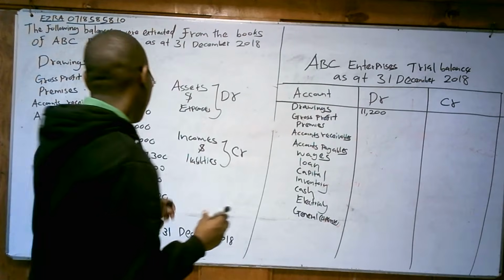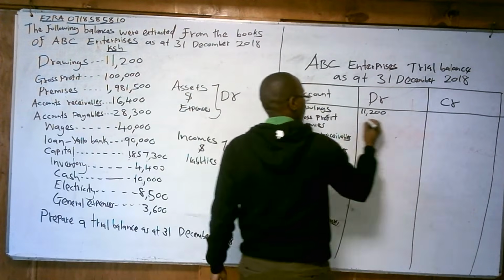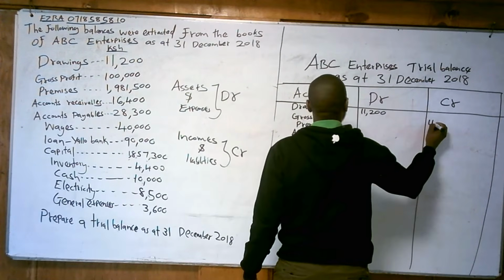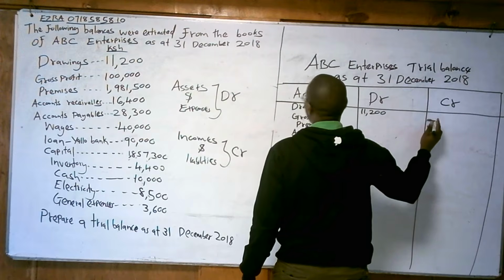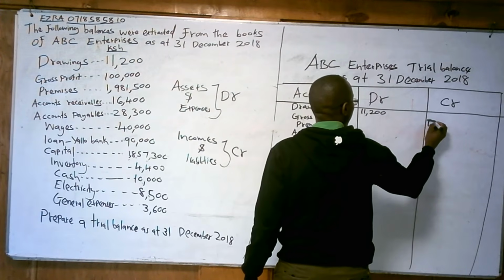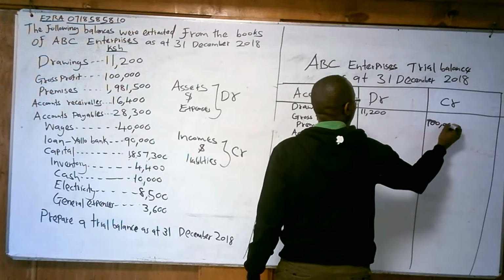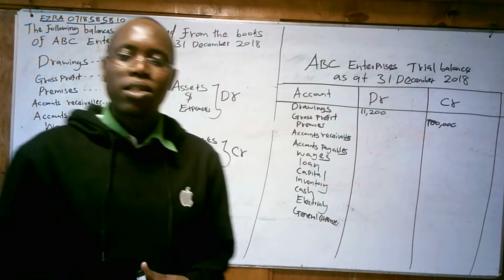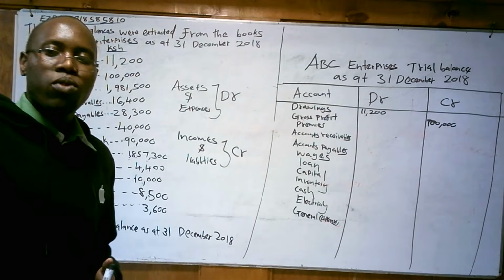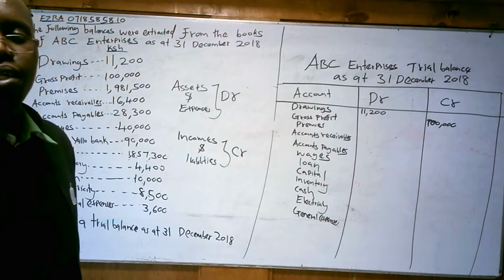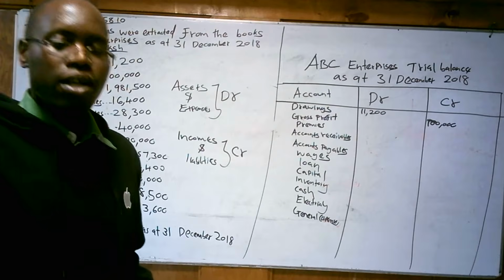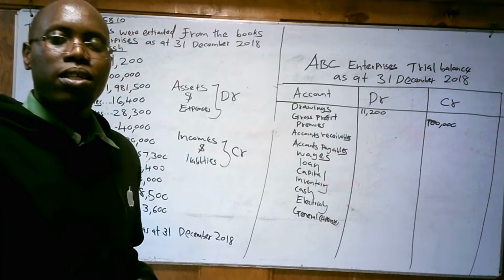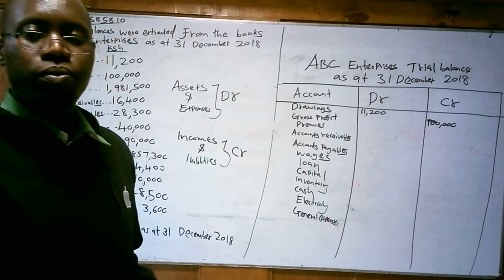So we put that 100,000 on that credit side.